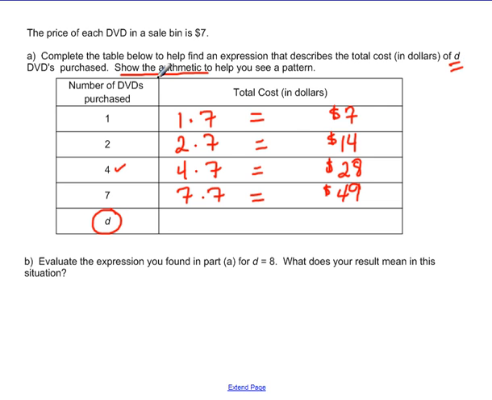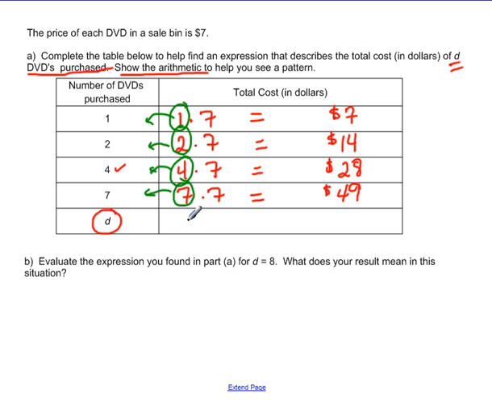Notice up here the lowercase d stands for the number of DVDs purchased. So we're going to look at the pattern here. In each one of these multiplication problems, we took the number of DVDs that I purchased. Okay, each one of these numbers that I'm circling stands for the number of DVDs, right? Each of those come from the first column, and it multiplies by 7.